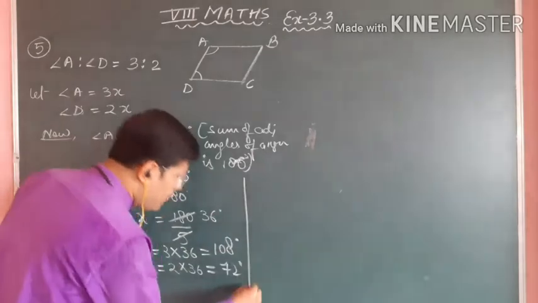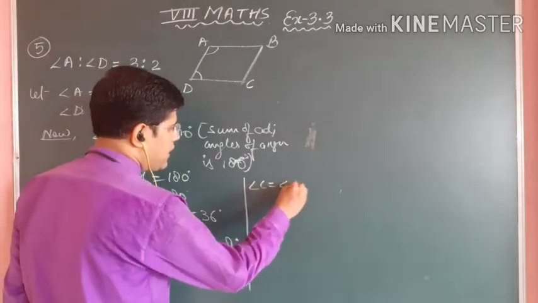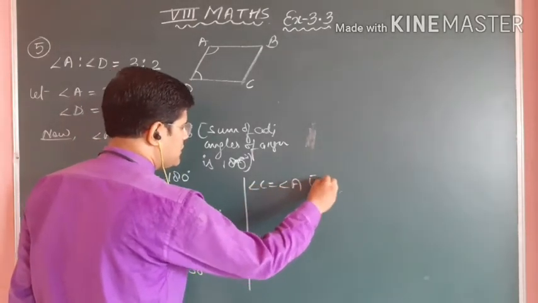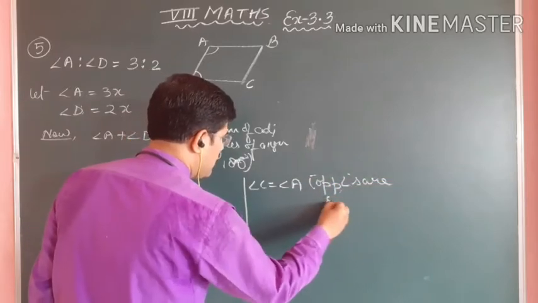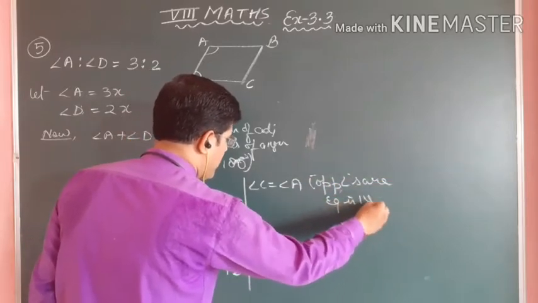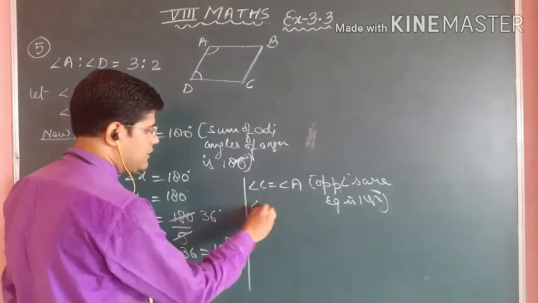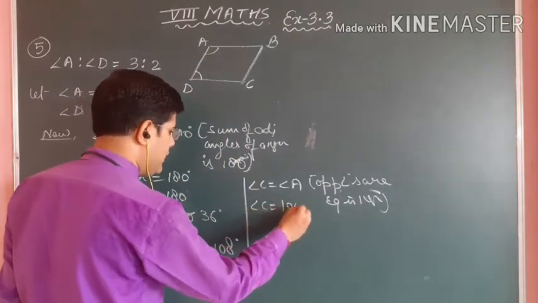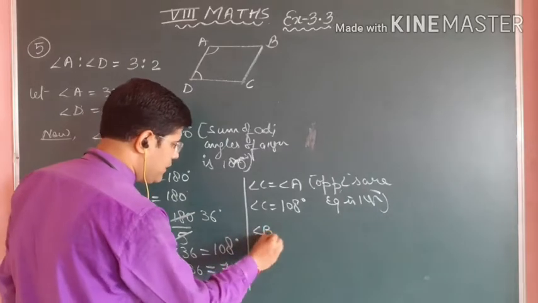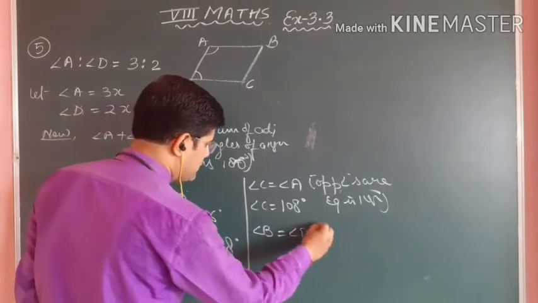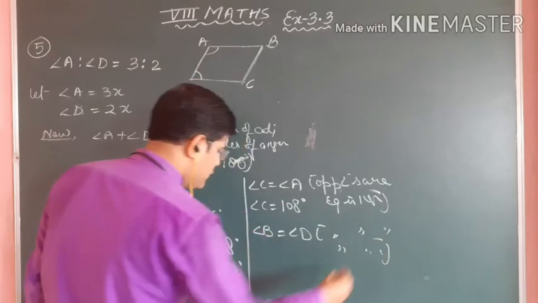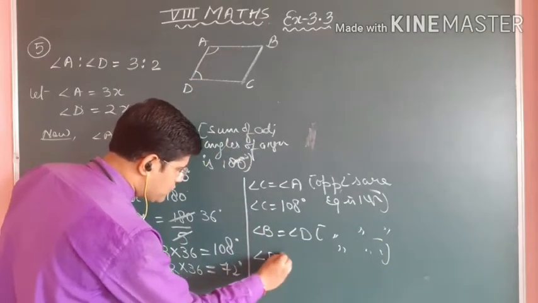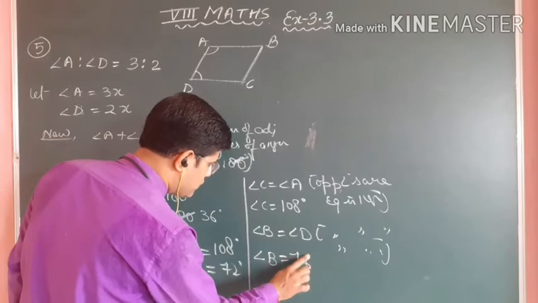Now angle C is equal to angle A, because opposite angles are equal in parallelogram. So angle C is equal to 108. Here also angle B is equal to angle D, for the same reason, opposite angles are equal in parallelogram. So angle B is also equal to 72 degrees.